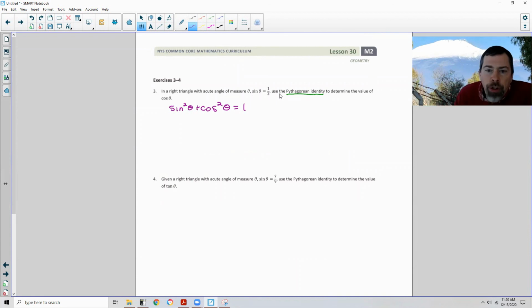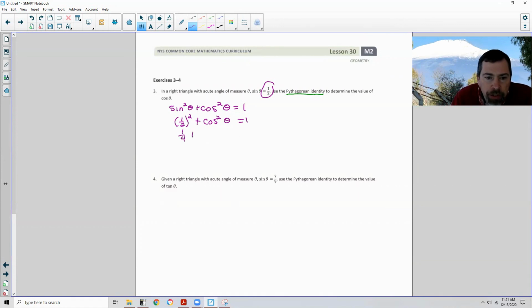Okay, well, we know the sine of theta is a half. So we're going to substitute in the sine of theta. We're going to replace it with a half, and it's squared. So we're going to put 1/2 squared plus cosine squared theta equals 1. When I square a half, I get a quarter.